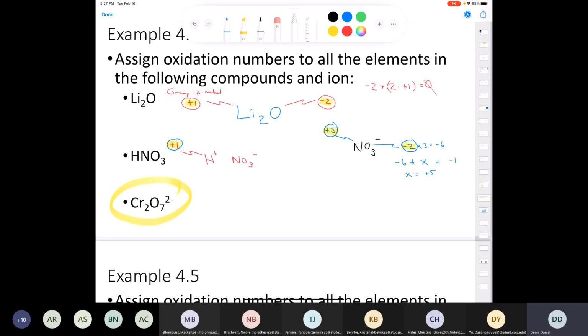Yeah, thanks, Kristen. It's the dichromate ion. That's 100% correct. I'll write it down here. Dichromate. All right. Does anybody have an oxidation number for the chromium and the oxygen in dichromate?